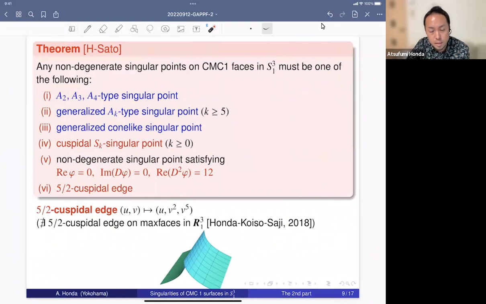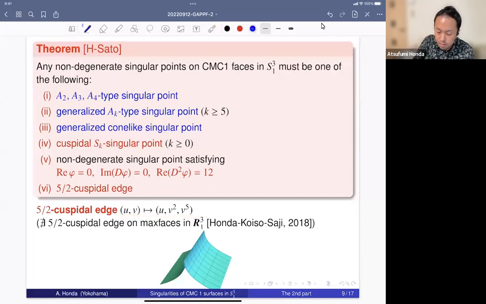And finally, the last singularity is the 5/2 cuspidal edge. The 5/2 cuspidal edge is given by this standard form. I want to remark that the 5/2 cuspidal edge does not exist on Mach spaces. This is a figure of the standard form of the 5/2 cuspidal edge.